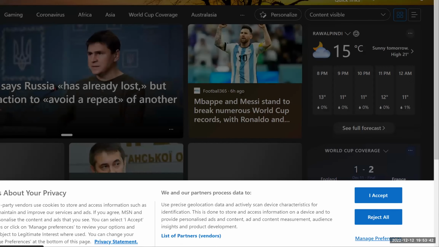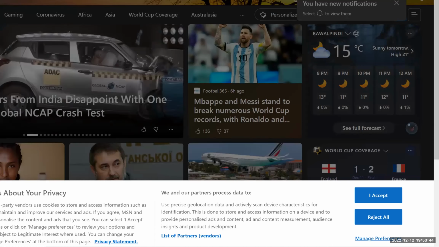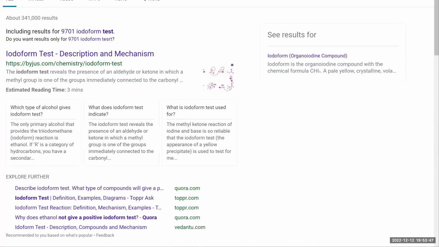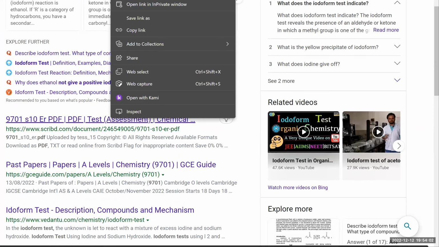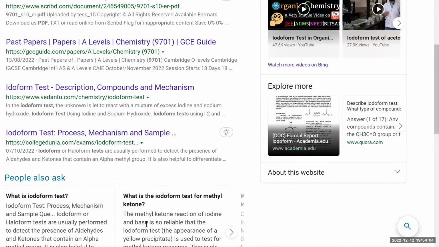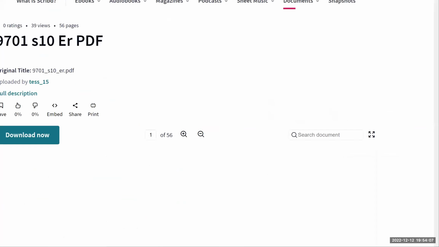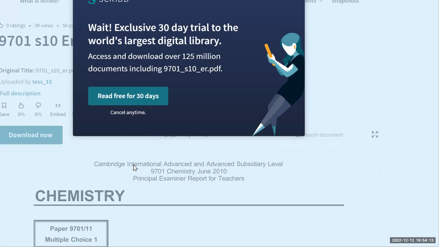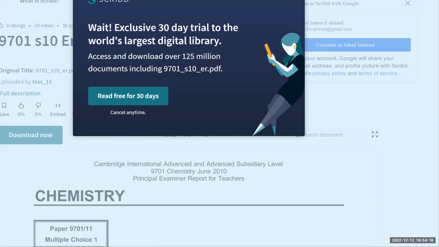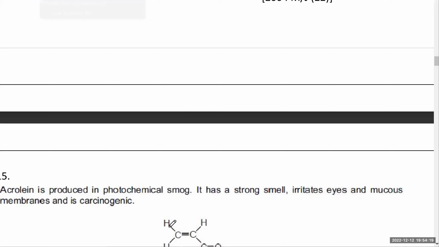Let's look at it quickly, one second. Yes, leave it, we won't find it. So later we'll practice this iodoform test. I'll just do one question.